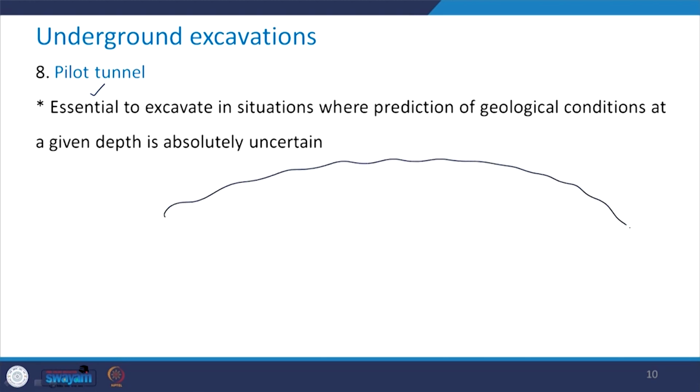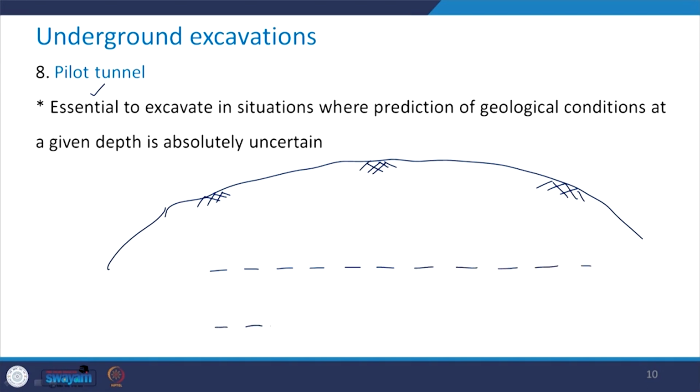Say this is your ground surface. Now here, at a depth, one needs to go for the tunnel construction. So, this is the center line or the tunnel axis.